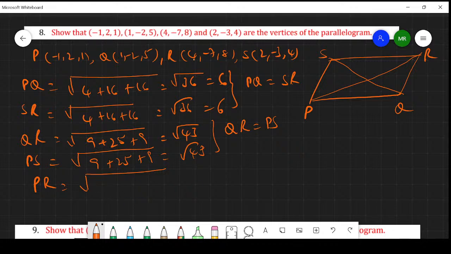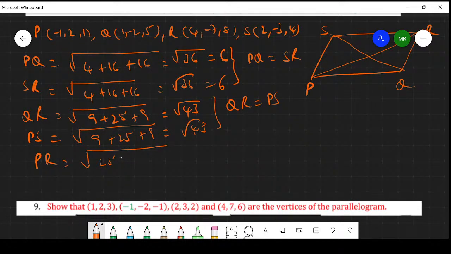P and R means this is 4 plus 1, 25. Minus 7 minus 2, it will be minus 9 square 81. And 8 minus 1, 8 minus 7, it will be 49. Check the total. 81, plus 49 is 130, plus 25 means 155. Be careful here.